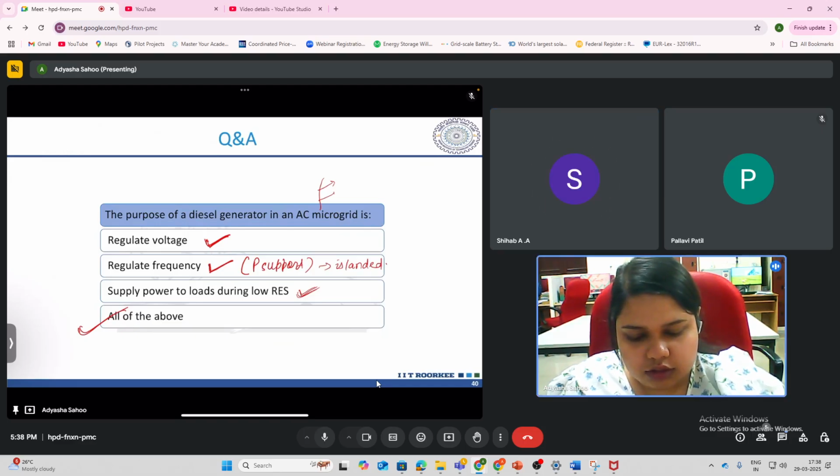No, that's why I told you that you can consider both the grid connected and islanded mode, and it can regulate voltage in both the modes, right?